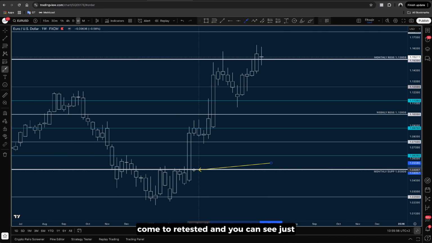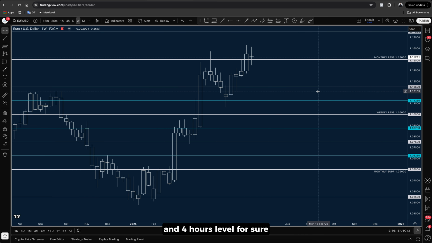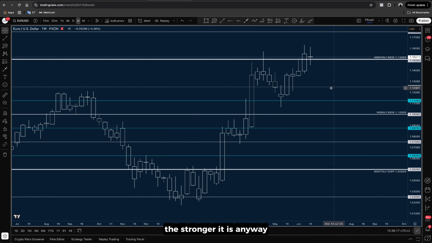For example, on the monthly, you see support, price broke above, resistance, resistance broke below, support, support, price broke above, and so on. These levels are monthly, weekly, daily, and 4 hour levels. For sure, the higher the time frame, the stronger it is.